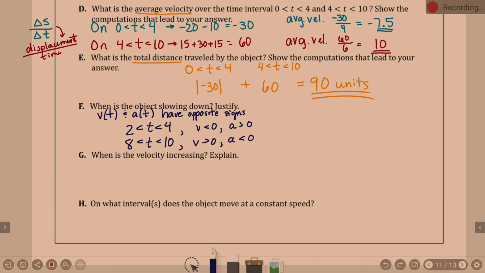When is the velocity increasing? 2 to 6. Why? Because the acceleration is positive. Acceleration is greater than 0.